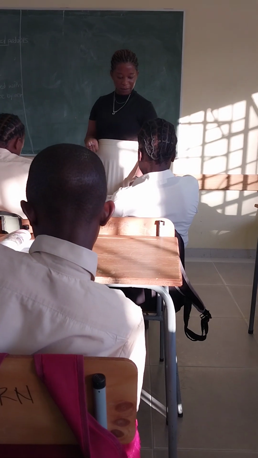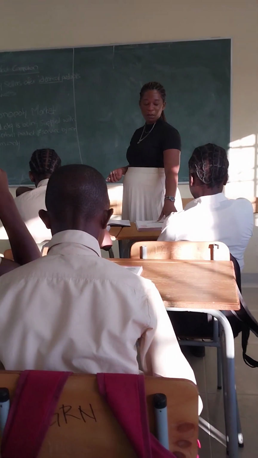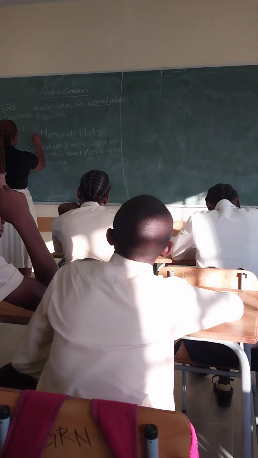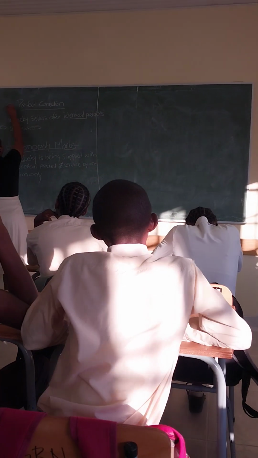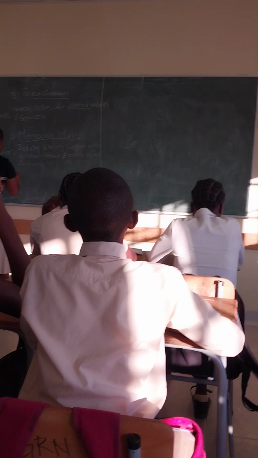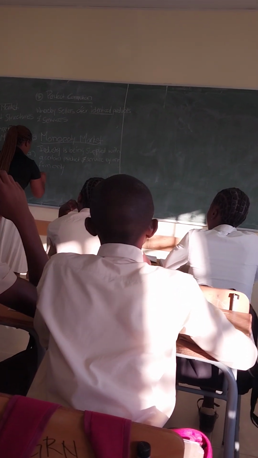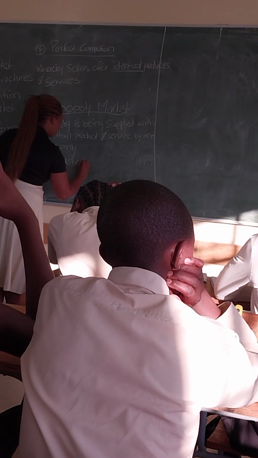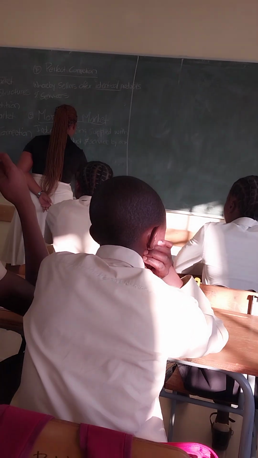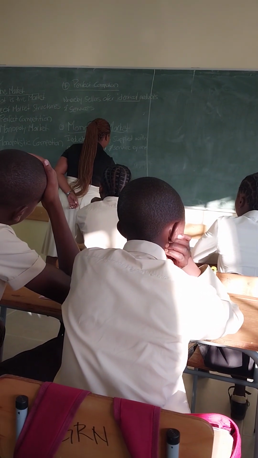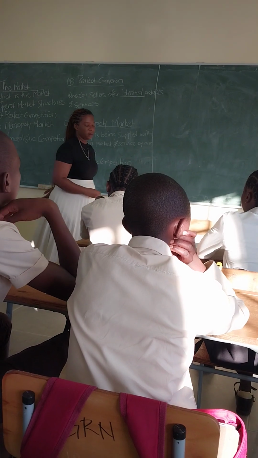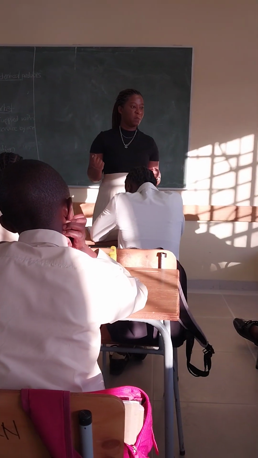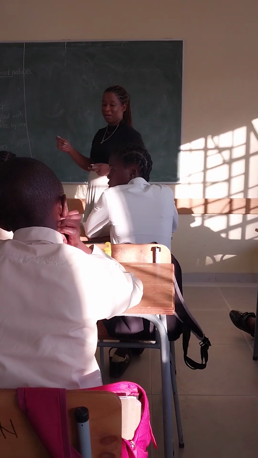Let me just go to the last one. What is the last one? Monopolistic competition. Now this is a type of market structure whereby we have many firms, but not as many as in the perfect market.